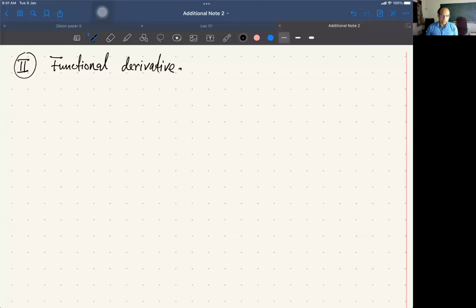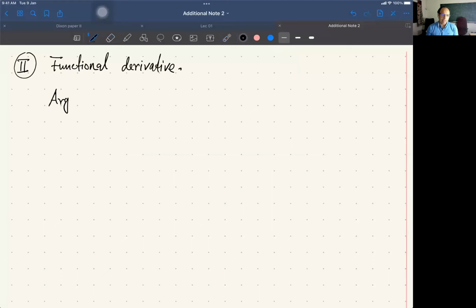So just like in ordinary calculus, we have an argument x, a point in the real line. Here, in the functional case, the argument is not a point on the real line, rather an entire function. That is an argument. Argument is a typical physicist's language. More mathematically recognized language would be the domain.